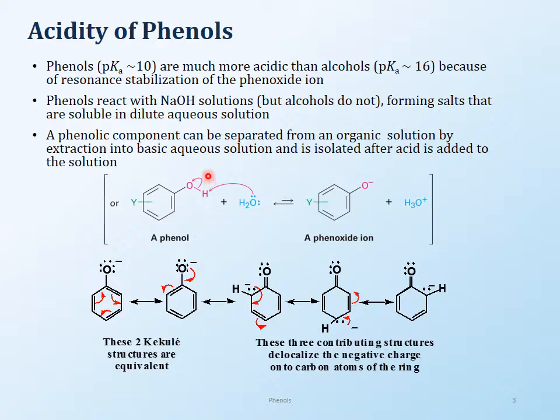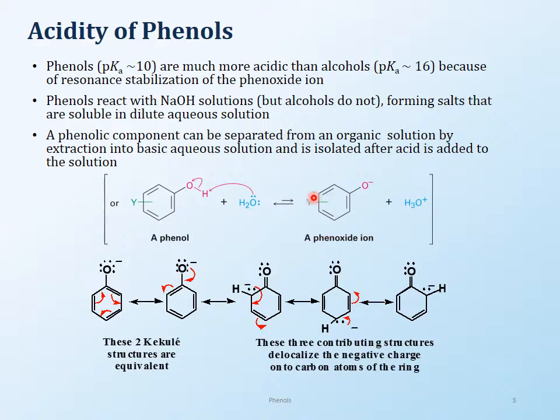We have to find out why they're more acidic, and that has to do with the fact that you form this ion, which is called a phenoxide ion. When you have a regular aliphatic alcohol and form an alkoxide ion, it has different properties.